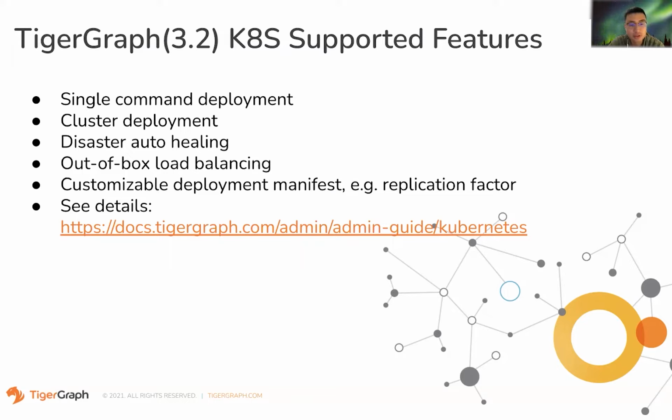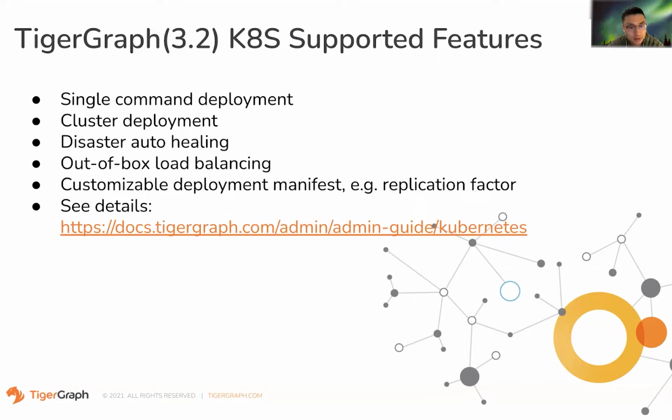The next feature is out-of-box load balancing. As you saw in the previous figures, we are adding another layer of service in front of the TigerGraph pods. That layer provides load balancing functionality on top of TigerGraph, and that's something you didn't get with bare metal deployments.